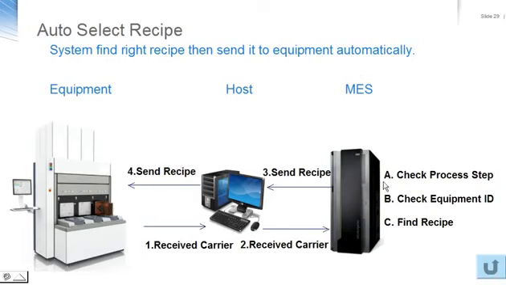Okay, the MES will check the process step and the equipment ID and find a recipe, and send the recipe to the host, which sends it to the equipment. Okay, you can see those steps are automatic, with no more manual recipe setting.